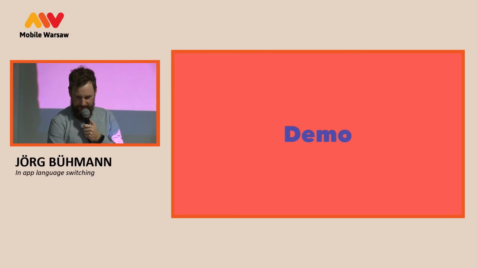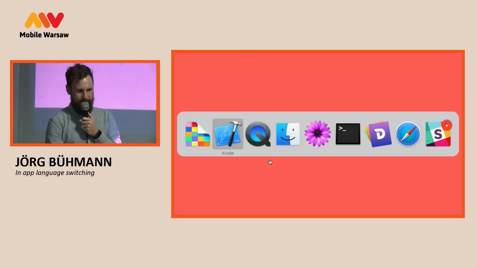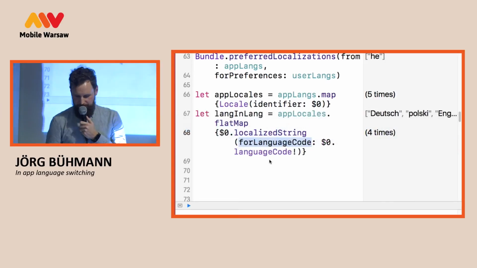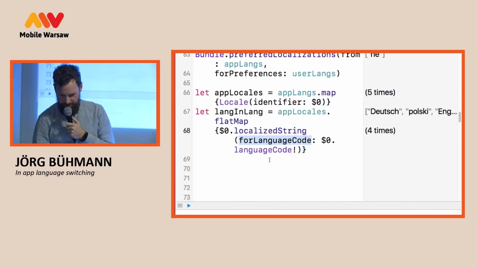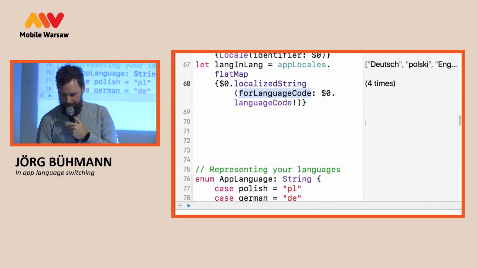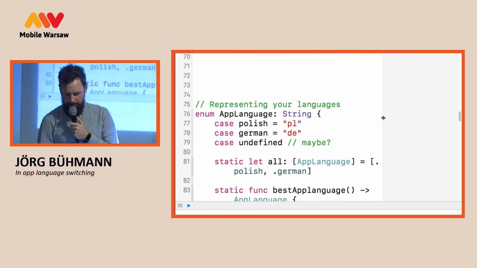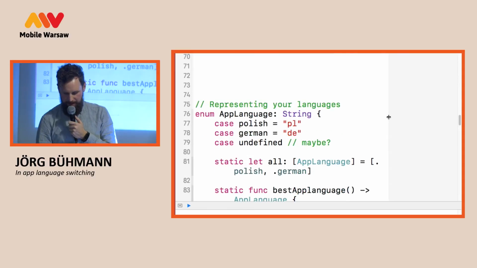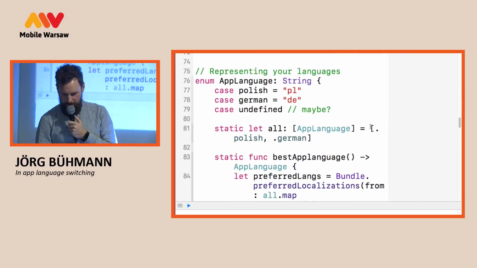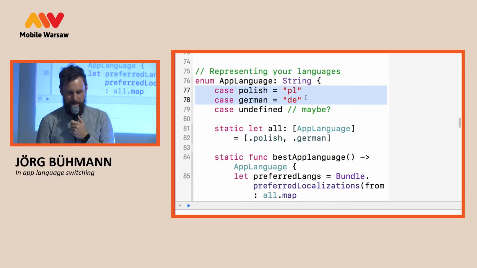So let's write our own version of localized string. So this is modeled a little bit after Arte. What we have here is we basically introduce our own data type to represent the languages that we support.